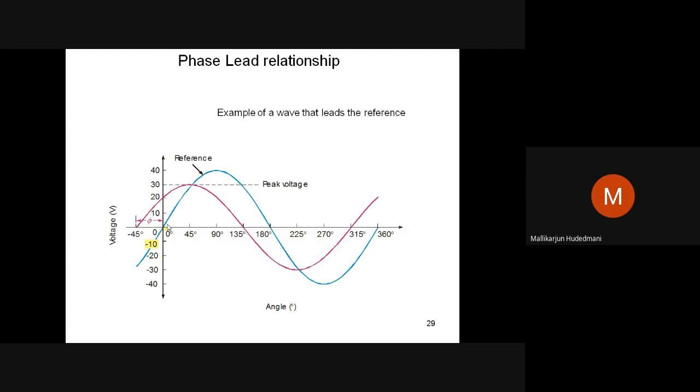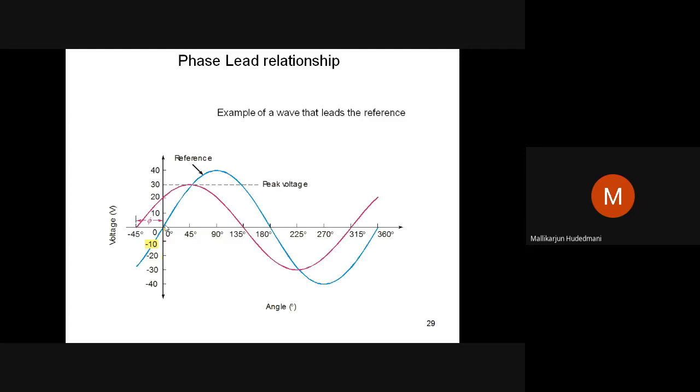Now I disclose: if an electric circuit is said to be resistive, we will experience an in-phase relationship of voltage and current. Current is in phase with the voltage whenever the circuit is resistive. In case of lagging, in an inductive circuit, current lags behind the voltage.